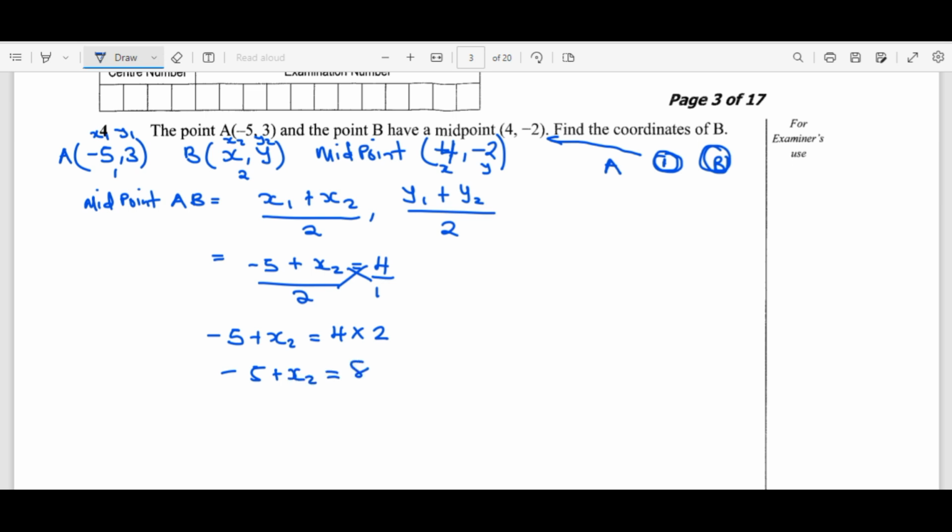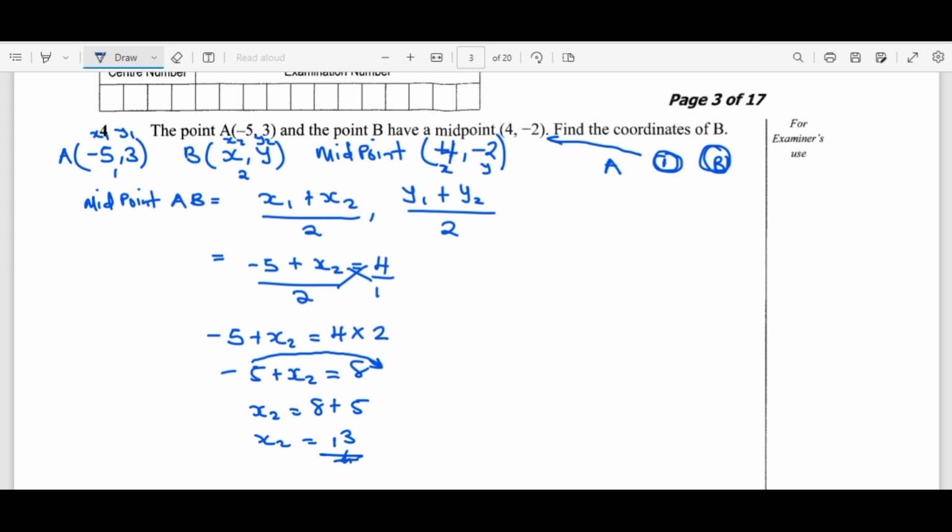So x2 is equal to 8, and then this 5 will move to this side and change to positive 5. So x2 is equal to 13. Now this 13 that we have is the x coordinate.